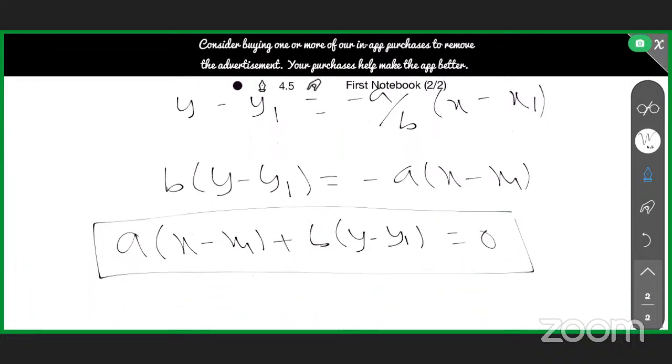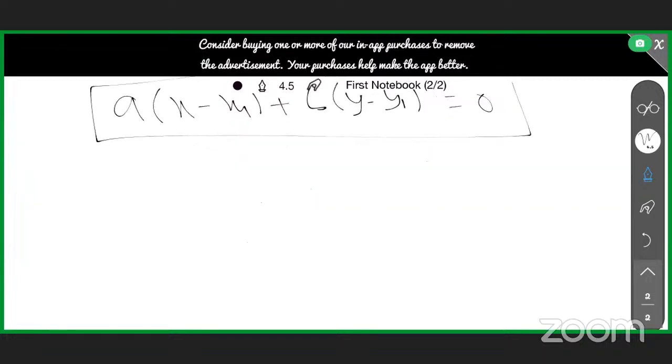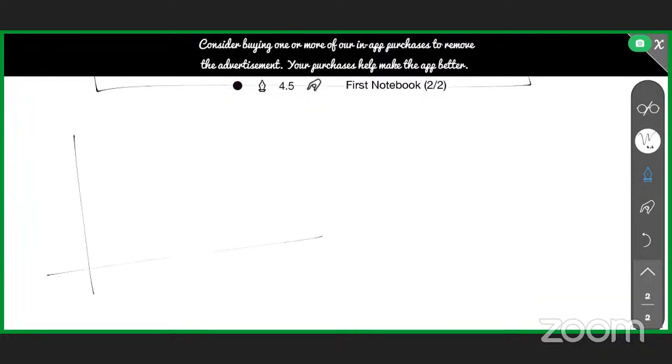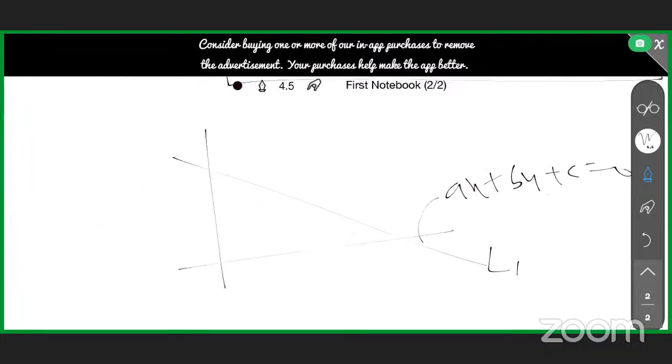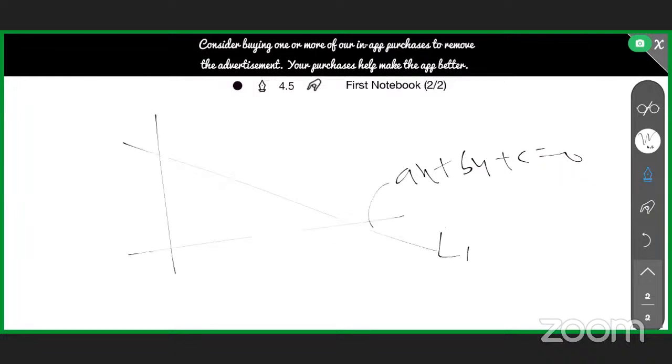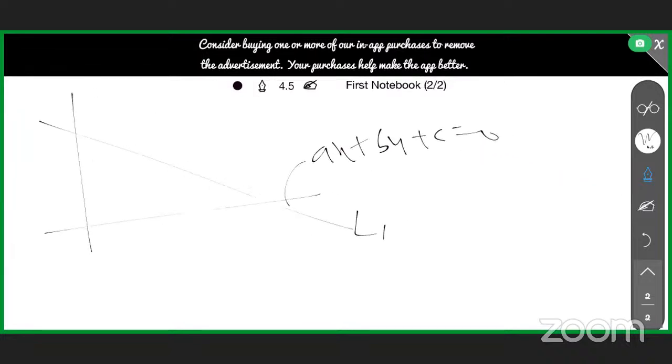Now we'll go. Let us take this as my line L1 whose equation is ax plus by plus c is equal to 0. And there is another line L2 which is perpendicular to my L1 and is passing through the point x1 comma y1.